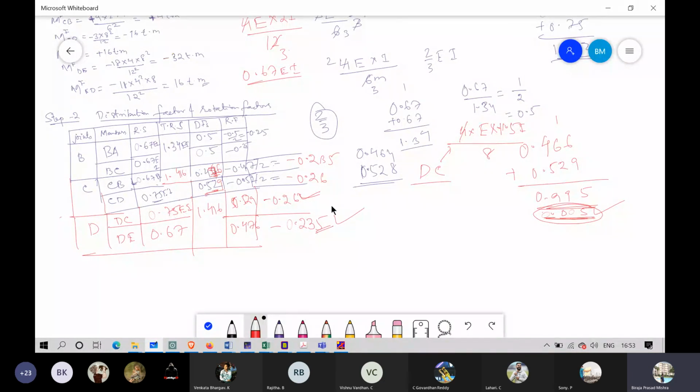So these are the distribution factors and rotation factors for the 3 joints that we have. In the next class we will do the distribution.